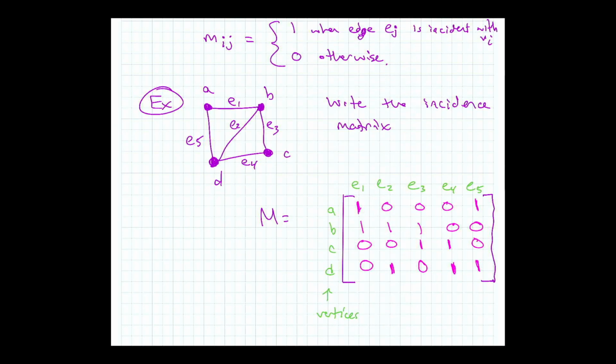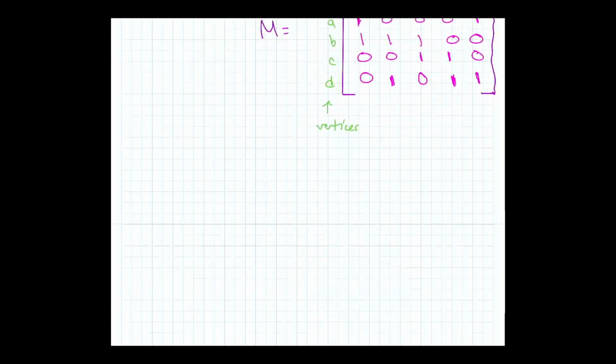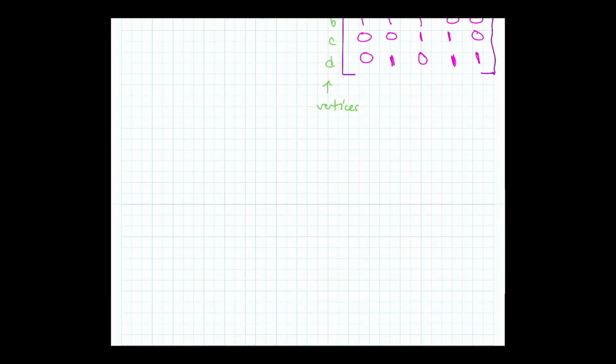What else can we say about this? This would not have a problem with multiple edges because every edge is its own edge. Multiple edges would just add more columns. Let's see what they say.